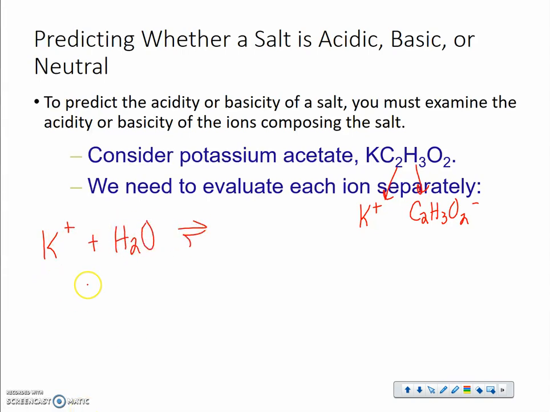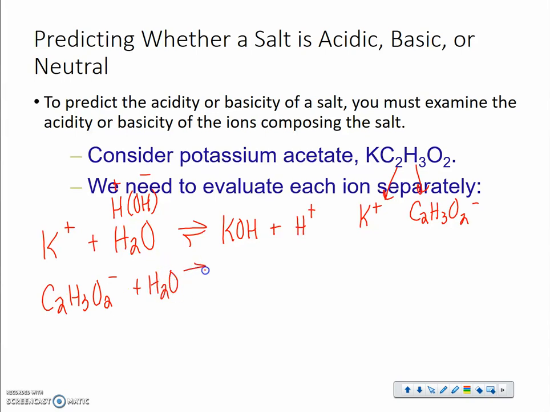Remember, water is composed of H being positive and OH being negative, so we can easily see what's going to react with what. The K+ is going to react with the OH-, and the acetate is going to react with the H+.